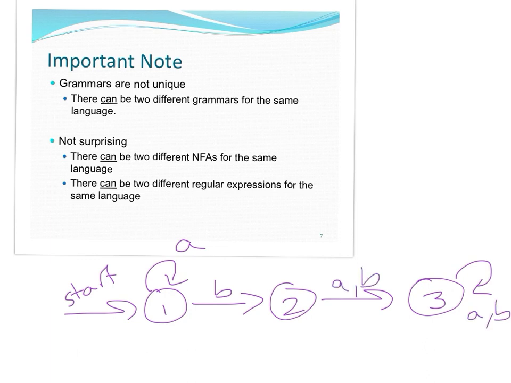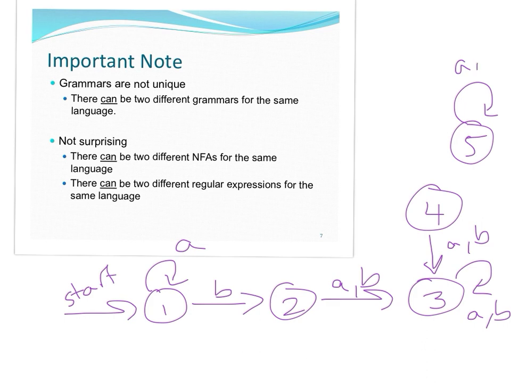So that's a minimal state DFA. But what if I added state 4 here, and I said state 4 looks like that? That's another DFA that recognizes the same language. Just because you can't get to 4 doesn't mean that you can't have it. You could have state 5, which just loops on itself.